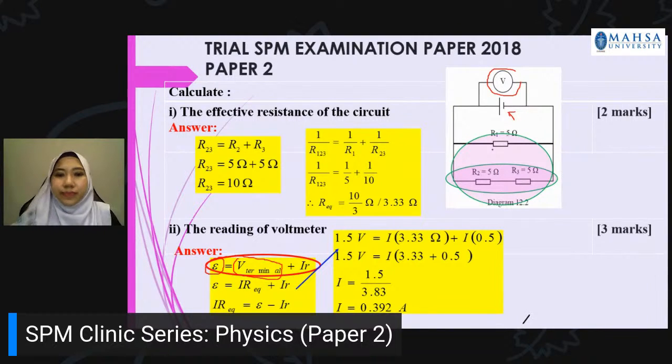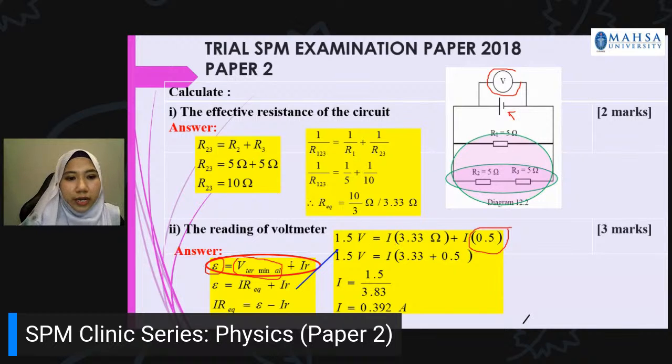Next, you are given a value of 1.5, which is the value of your battery, and you have your internal resistance value, which is 1.5. You already calculated the total resistance of the circuit, which is 3.33.